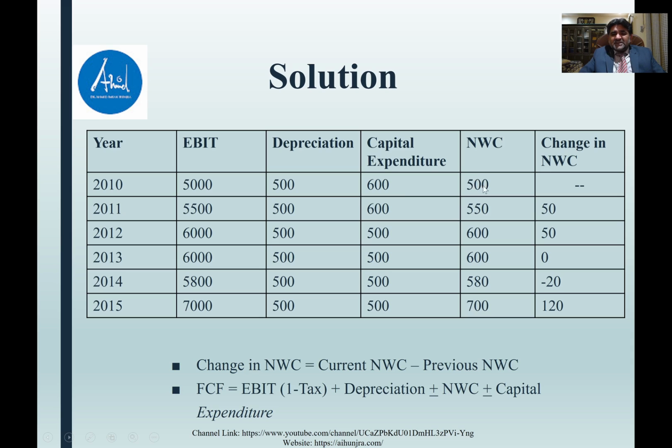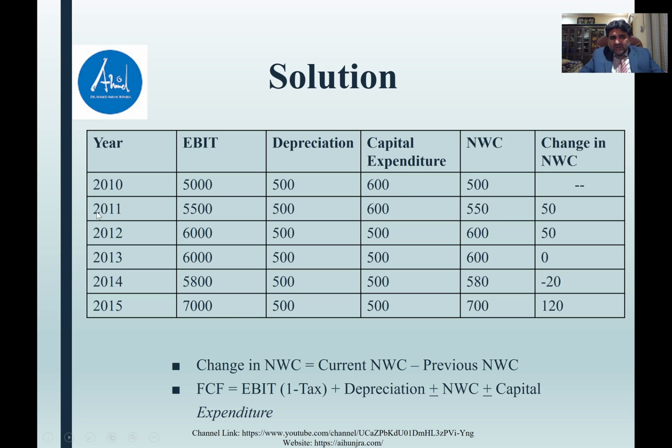What is net working capital in 2010? That is 500, and the net working capital in 2011 is 550. Here we are going to find the change. How can we find the change? Delta NWC is equal to the net working capital of the current year minus the previous year.